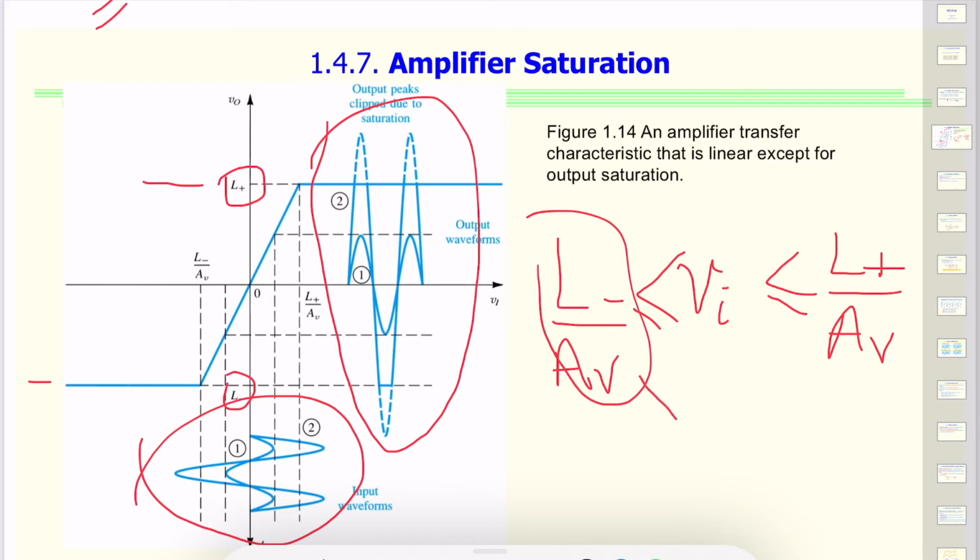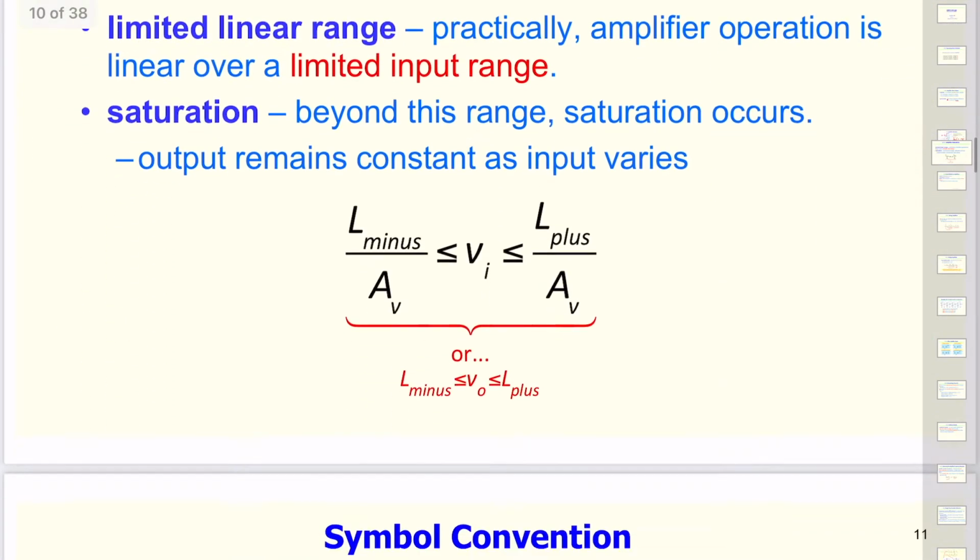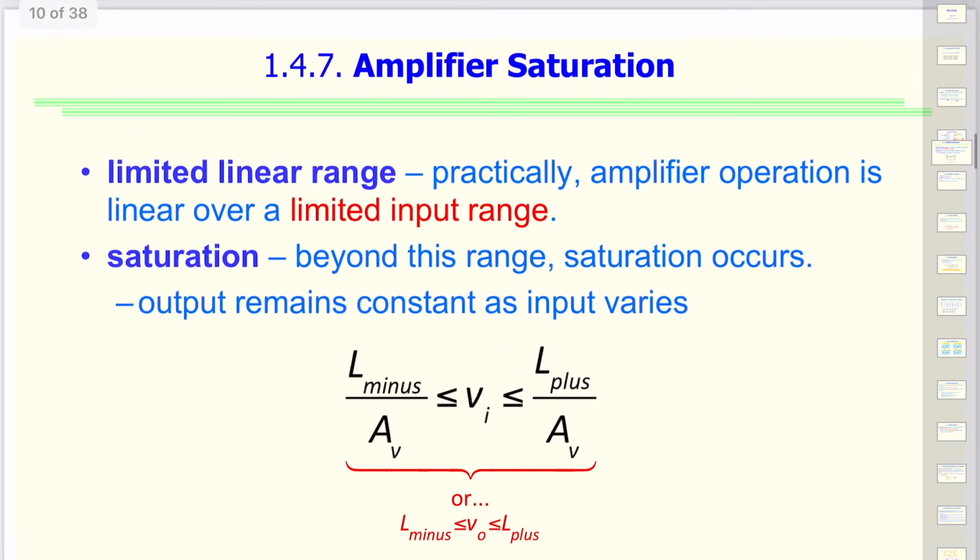We are getting this from output voltage is equal to the gain times the input voltage. That's just what we have written. So L minus is the negative cutoff, and L plus the positive cutoff. We are just writing in that form. We could also write it in the form of output voltage, like it's shown here at the bottom.